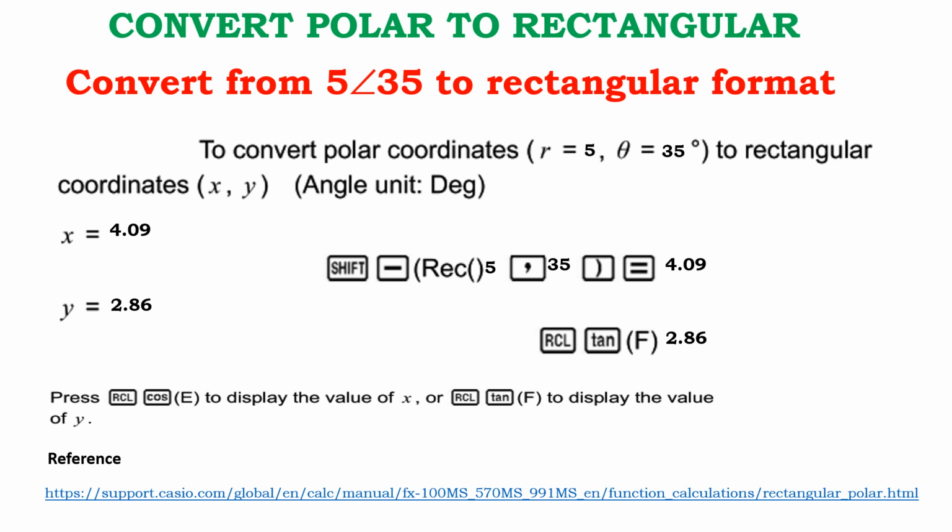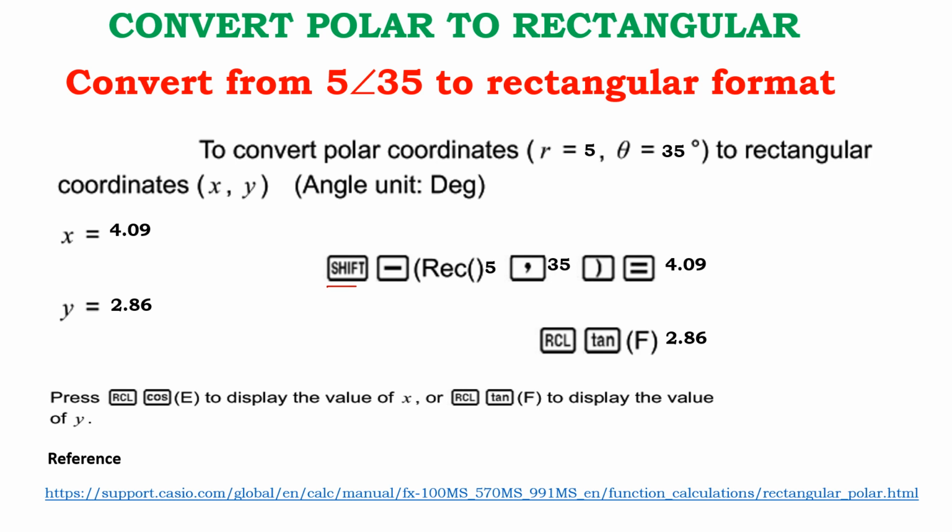One example is given here: convert 5 angle 35 to rectangular format. Use your calculator. First press the shift button, then press the bracket open button.